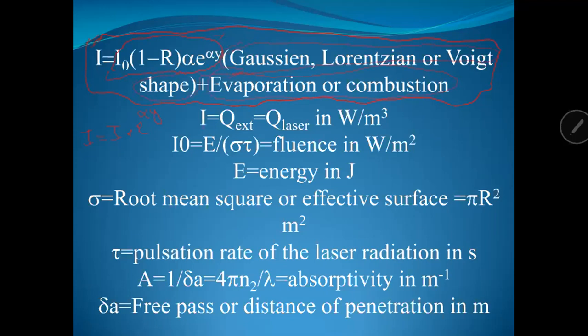And this equation can be written as I0 times 1 minus R times alpha times exponential alpha y times the Gaussian profile or Lorentzian profile or Voigt profile, one of these profiles or another kind of profile. It can be gate profile, gate square, meaning square profile, plus evaporation phenomenon.